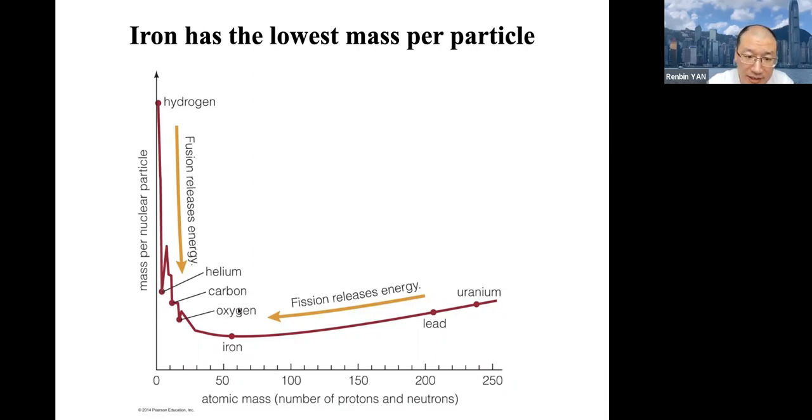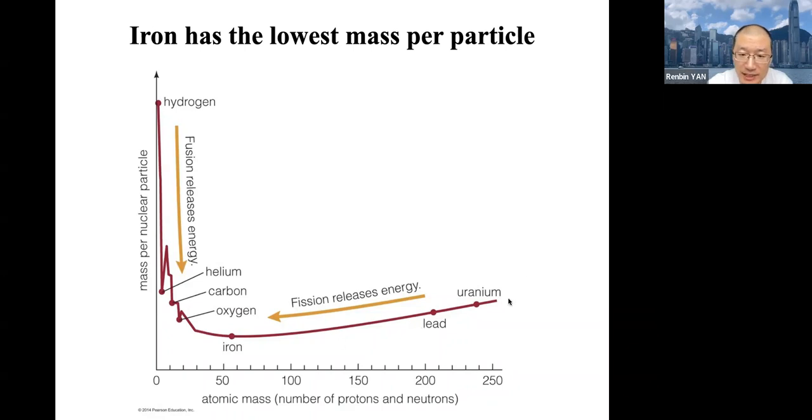But iron has the lowest mass per particle among all the elements. It is a very special element. Basically, you can say it is the most stable element ever. So all the elements lighter than iron can release energy by fusing into heavier and heavier elements until iron.